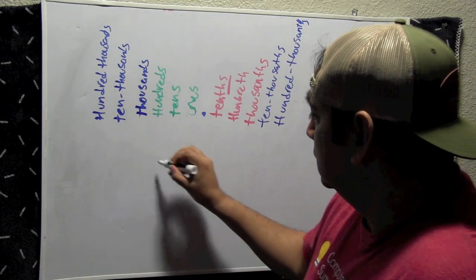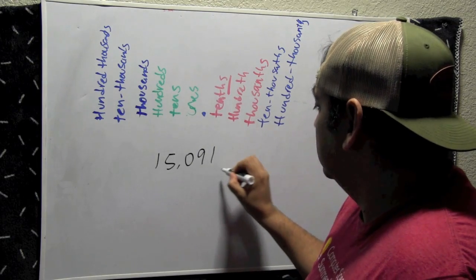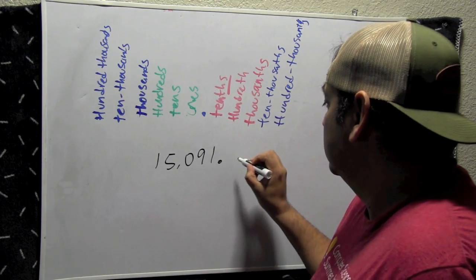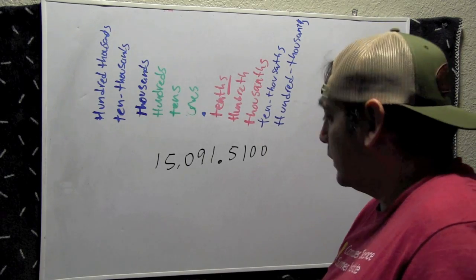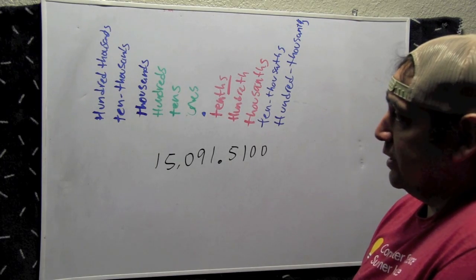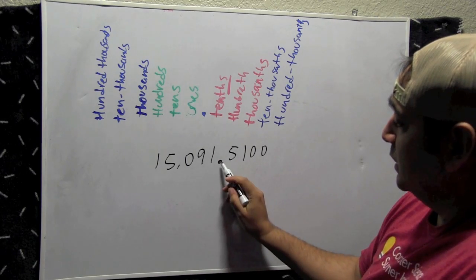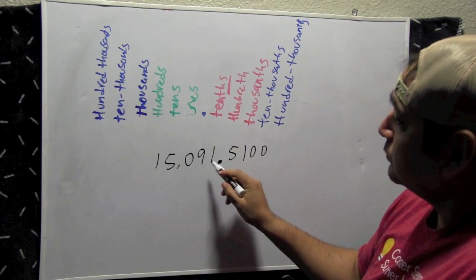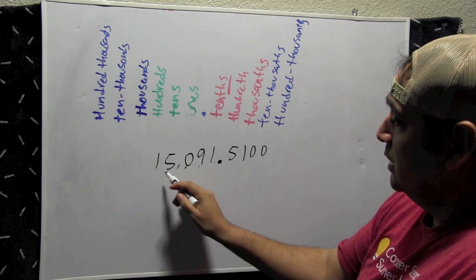say, so when I say round to the nearest thousands, you look over here, this is the decimal right here. There's thousands. This is ones, tens, hundreds, thousands.